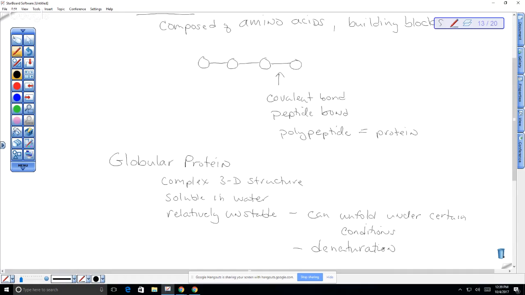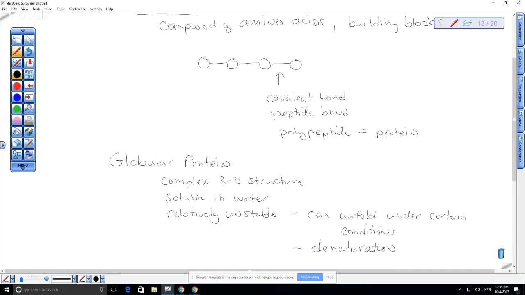So denaturation is what you're doing when you're cooking an egg. You can also cook an egg using acid. If you put an egg in very concentrated acid, the same thing would happen. It would cause the proteins to denature, and it would go from liquidy to a solid.